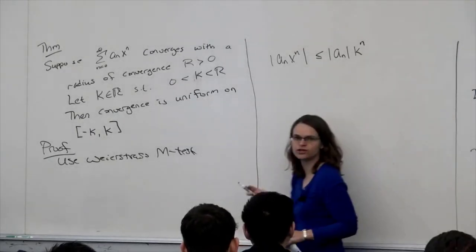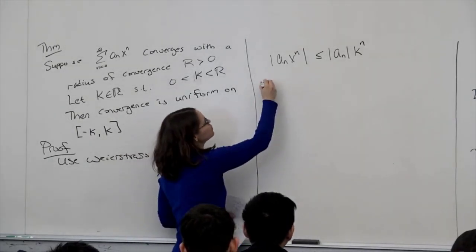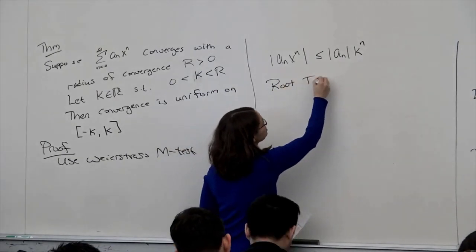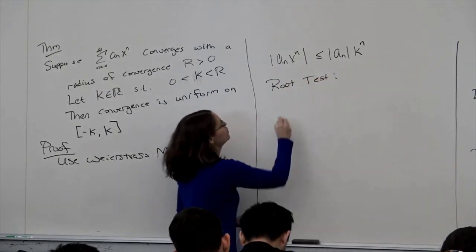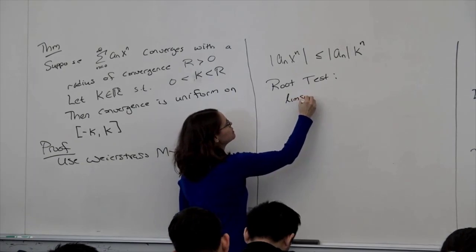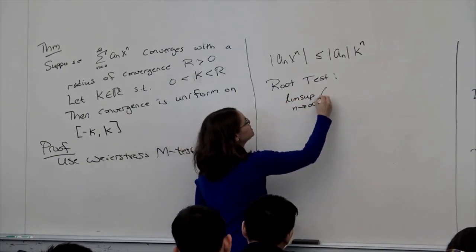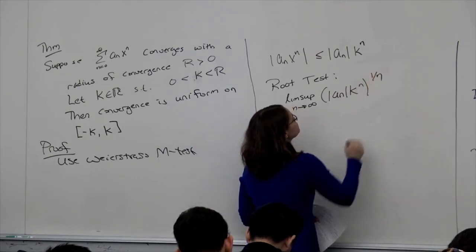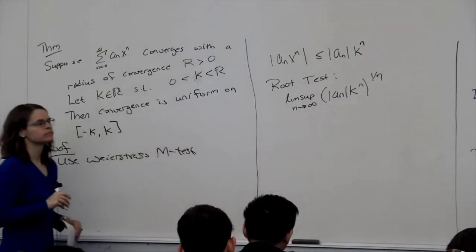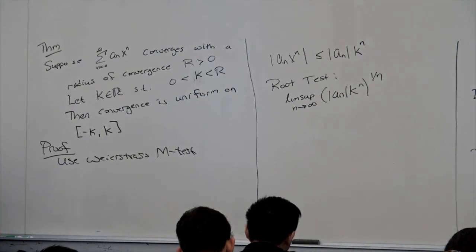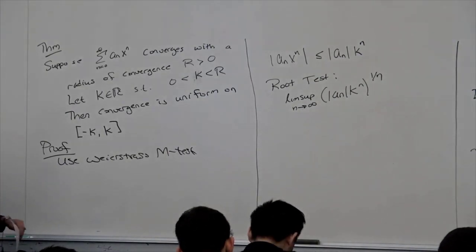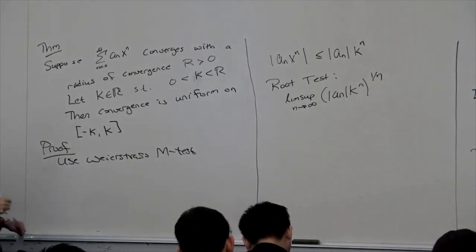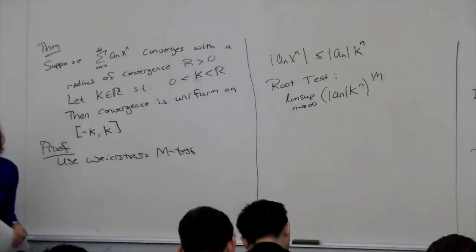So if we do the root test, again, this is not actually different than what is already written on the board. The nth root of all of this. Well, k is strictly less than R. That's important.